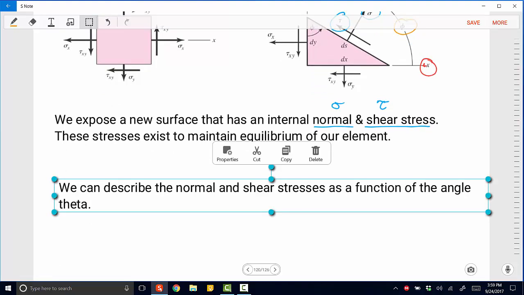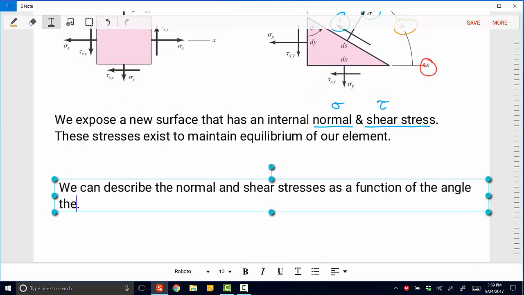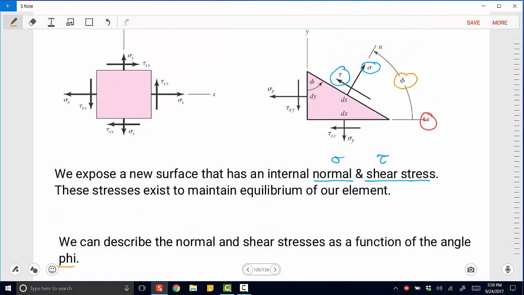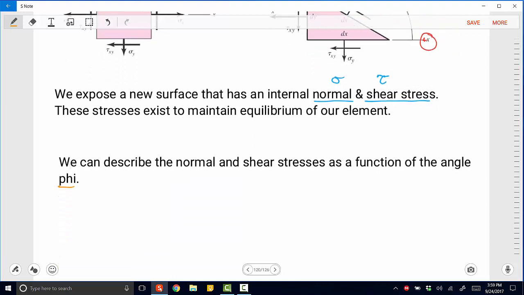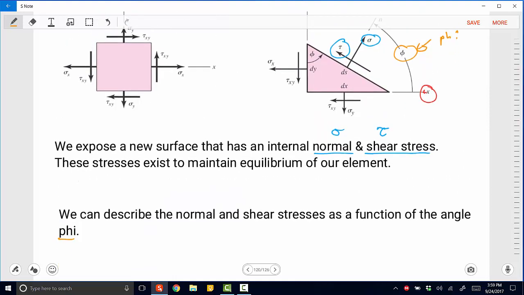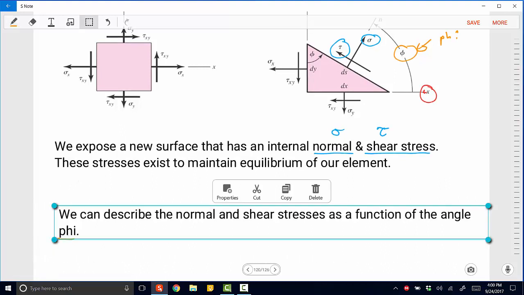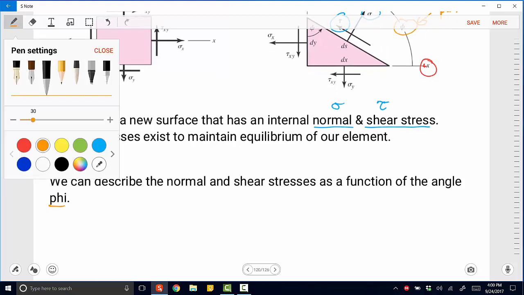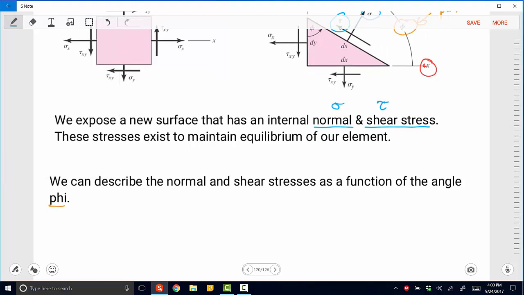So let's change this from theta to phi. And let's underline that with the color phi and tell you that, hey, this is phi here, right? So since we're cutting at an arbitrary angle phi, we can then go ahead and describe the normal and shear stresses as a function of that variable phi.